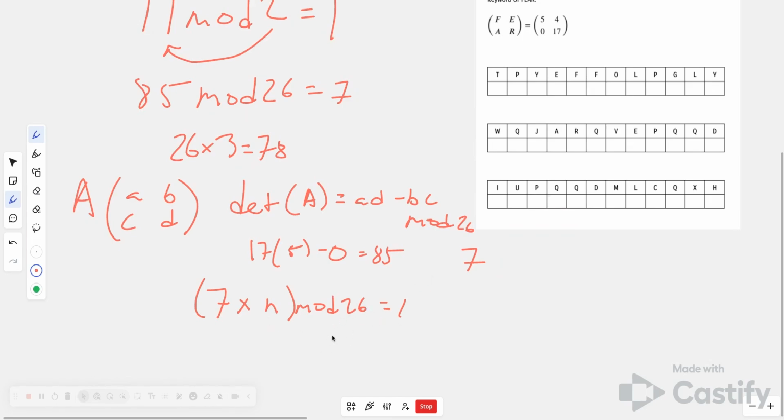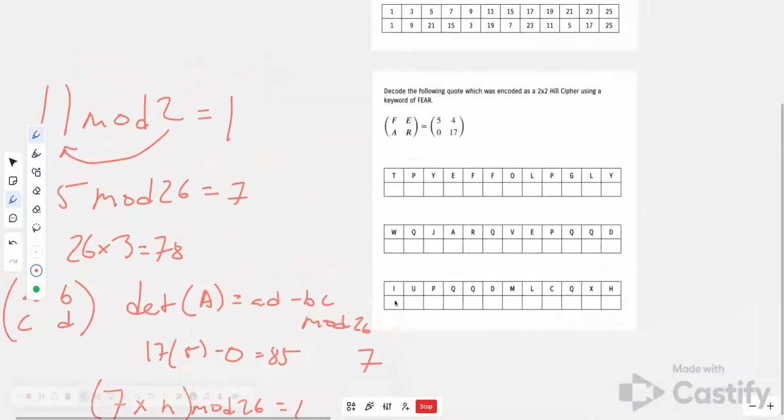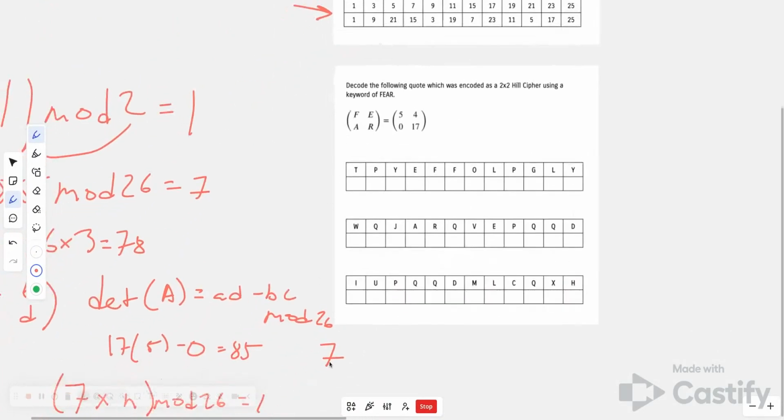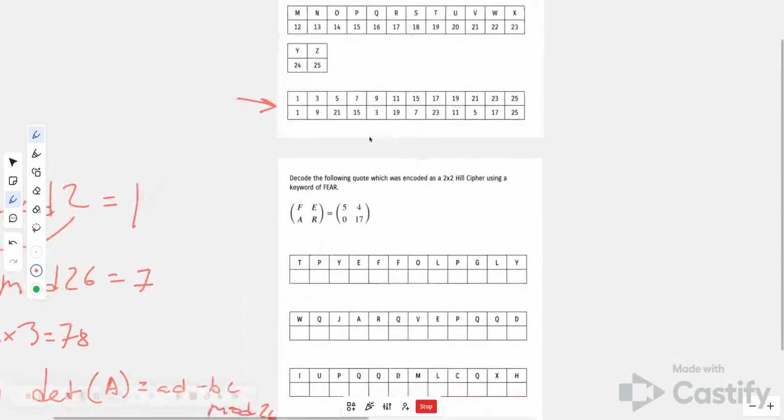For example, if I got 5 for the determinant mod, then it would be 5 times some number, mod 26, is equal to 1. It's always equal to 1 for multiplicative inverses for mods. On your Codebusters reference sheet, it gives you the multiplicative inverses in a table. The multiplicative inverse of 7 is 15.